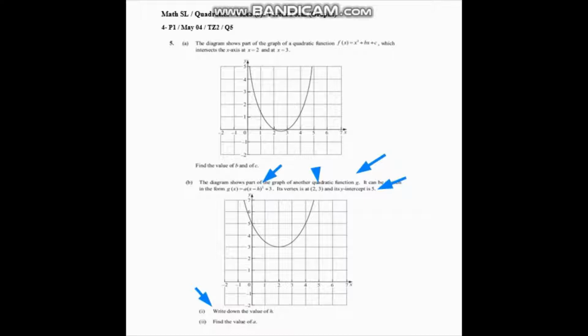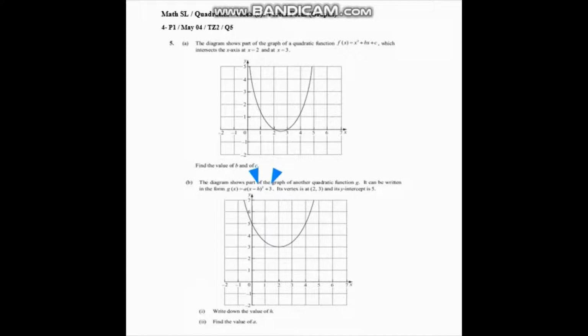You simply observe that in vertex form we should know that the vertex is h, 3. So h, 3 is given as 2, 3. Hence h has to equal 2. Again, from the vertex form of the equation, we should know that the vertex lies at point h, k, where k is 3 in this problem.